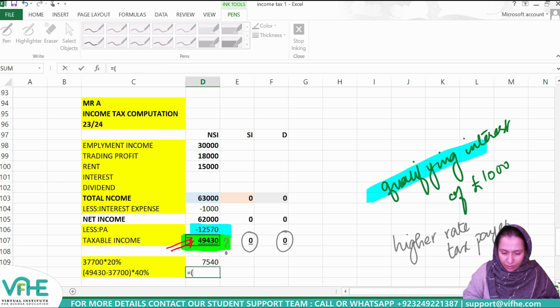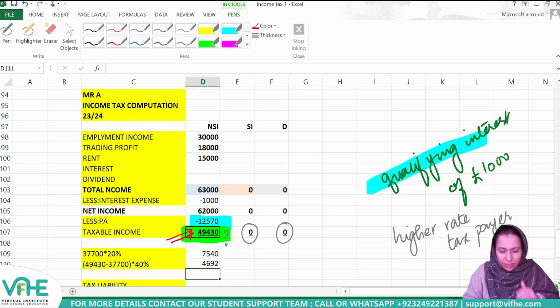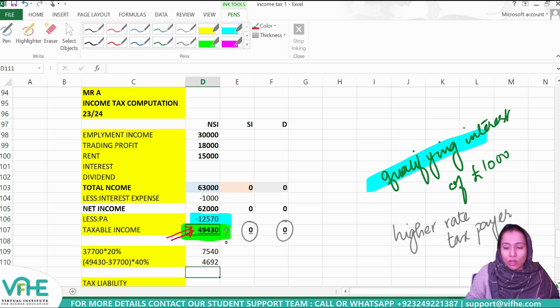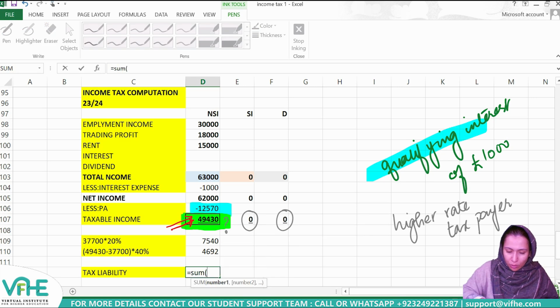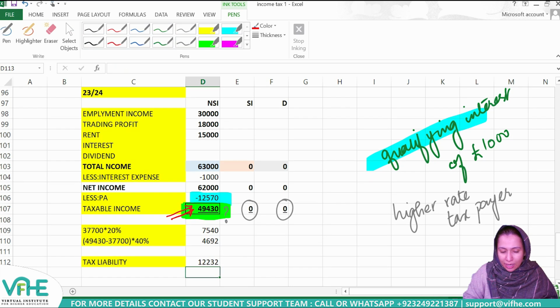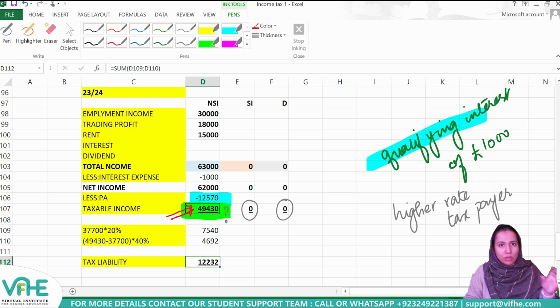So 49,430 less 37,700 into 40% gives us a tax figure of £4,692. Now I'm going to take a total, the sum of 7,540 plus 4,692. Together it makes a total tax figure of £12,232. So that's basically our answer, right?